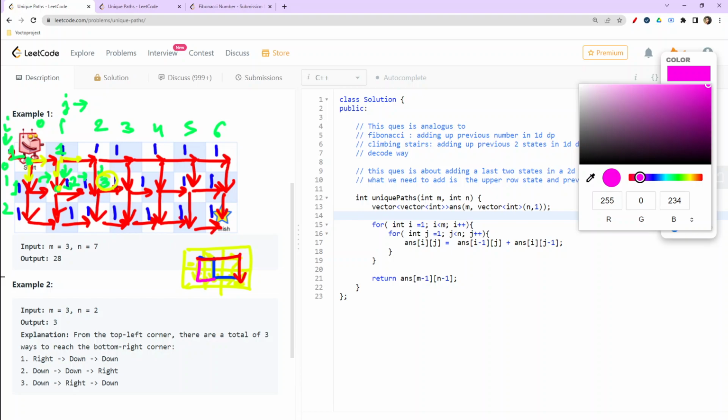Other ways basically overlap with each other, so that's why we considered just these three. So 3 becomes the answer at this point without overlapping with any other, because it just got here from this way.